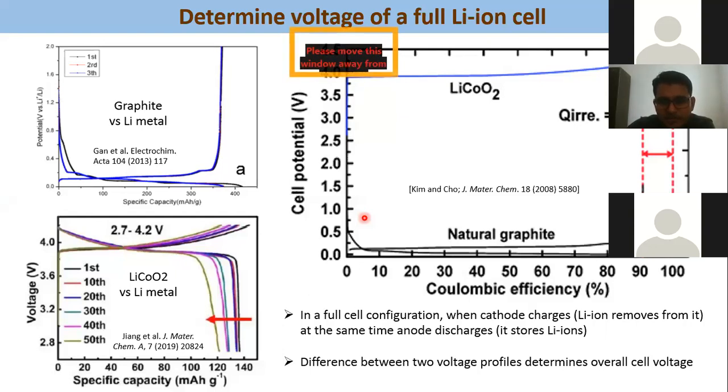Another query is: explain the Coulombic efficiency. So as I told, the general meaning of efficiency is the ratio of output divided by input. So here, it is the amount of lithium removed from your material divided by the amount of lithium stored in that material.